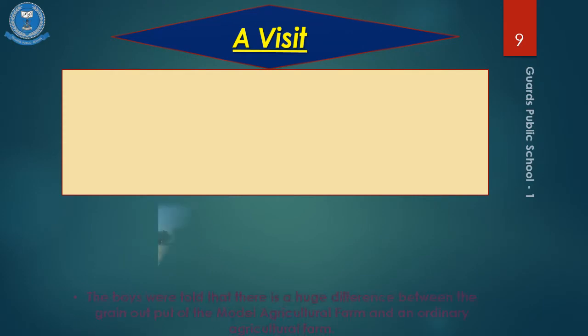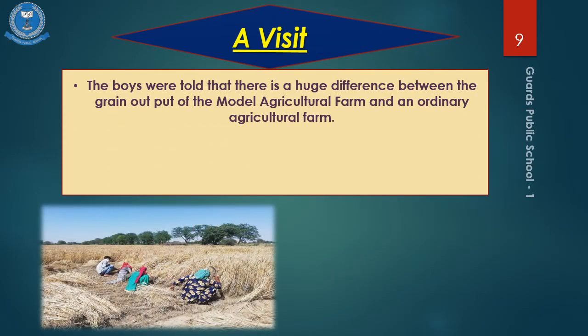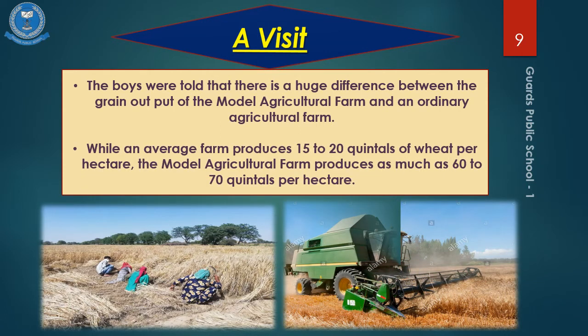The boys were told that there is a huge difference between the grain output of the model agricultural farm and an ordinary agricultural farm. While an average farm produces 15 to 20 quintals of wheat per hectare, the model agricultural farm produces as much as 60 to 70 quintals of wheat per hectare.